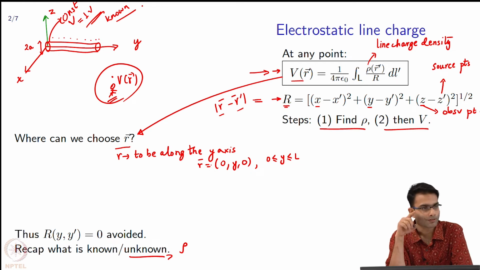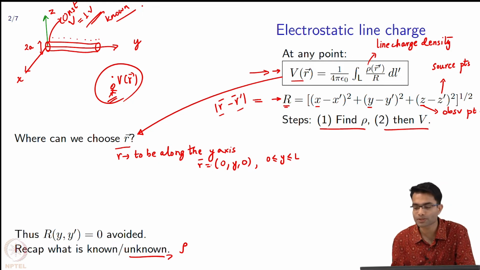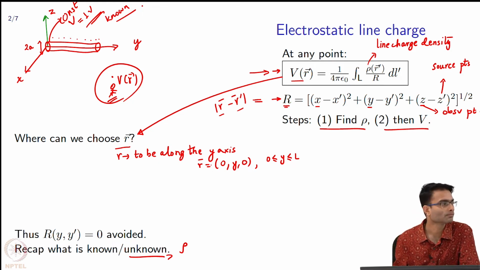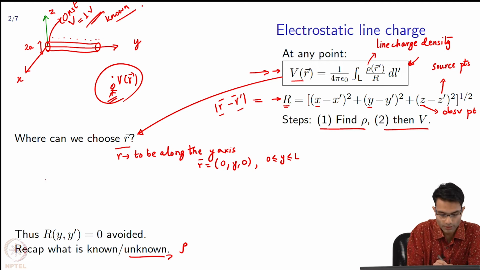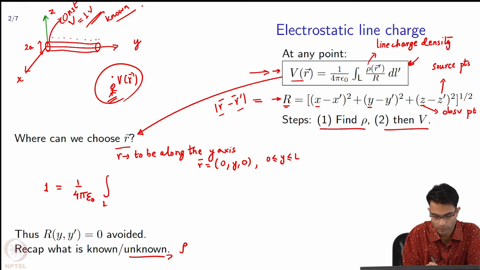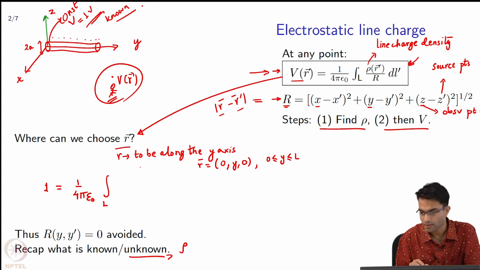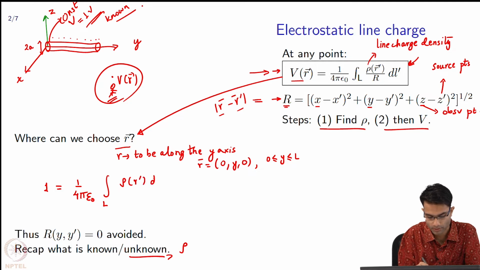Okay. For these points, I know the potential, right? So the left hand side of this equation, what does it become? This equation over here. What is the left hand side of it for these points? 1. I know it, it's 1 volt, right? So I will write 1 is equal to 1 by 4 pi epsilon naught, right, integral over L, and rho of, so let's just make this R prime, right, dy prime.